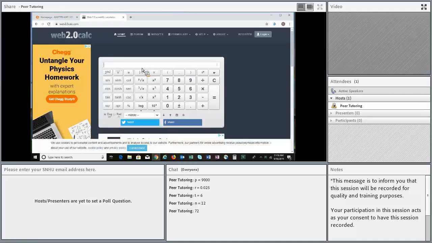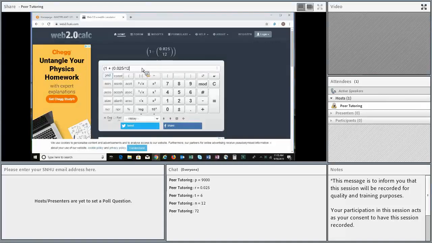The first thing I would do is enter 1 plus 0.025 divided by 12.